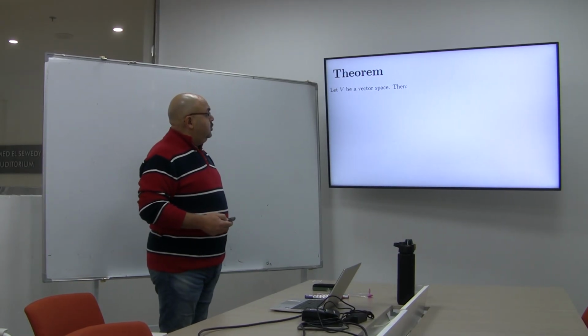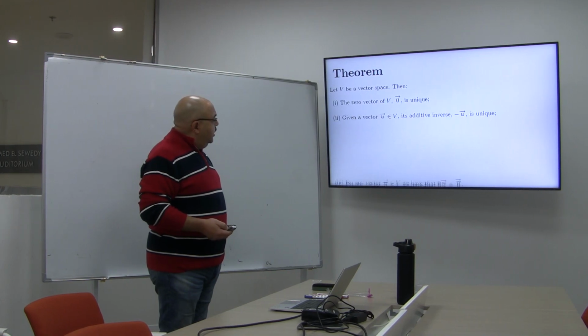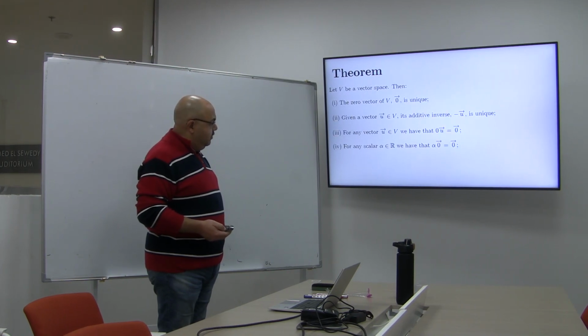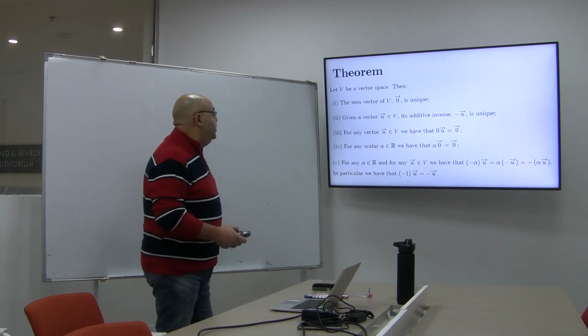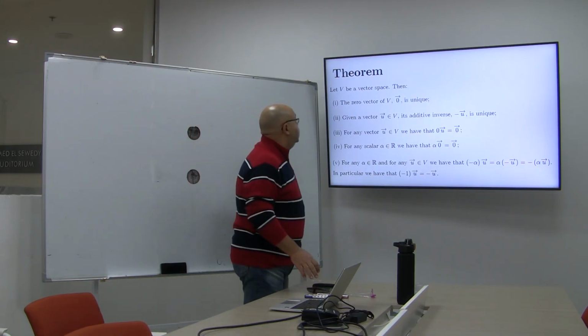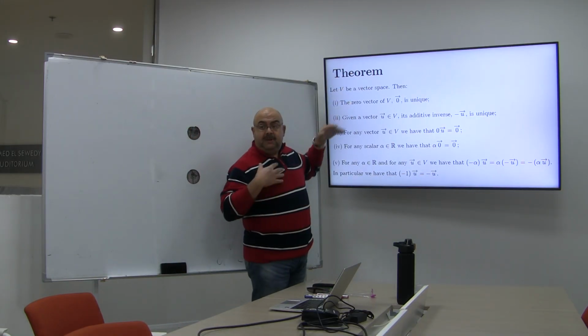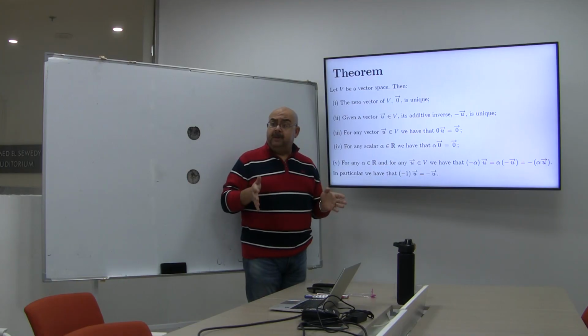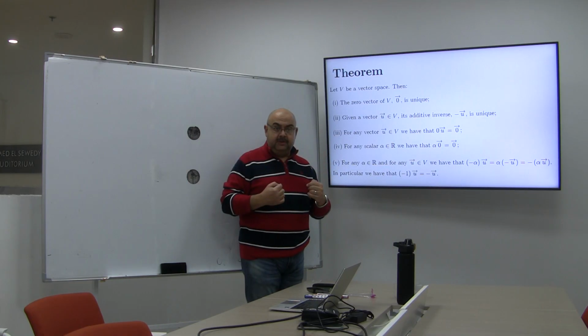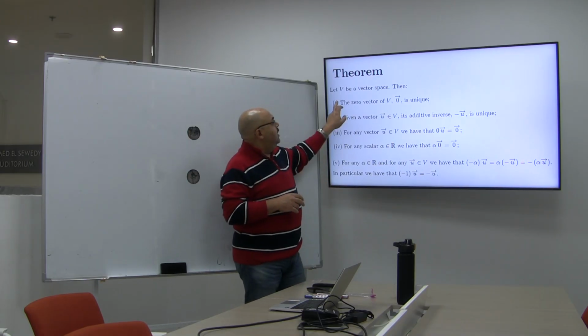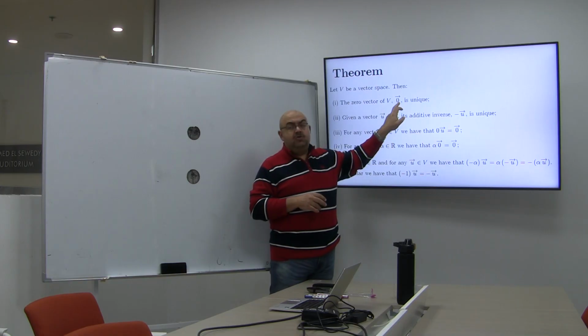Let V be a vector space, then the following five remarks apply. So if I told you in a problem that V represents a vector space, you have the following in your mind. This is going to be known to you. Number one, the zero vector of V is zero and it is unique.